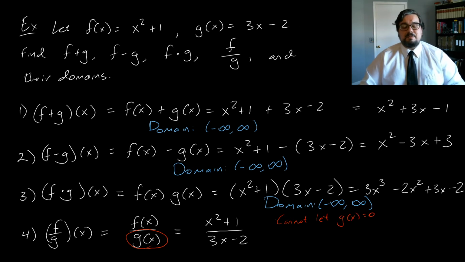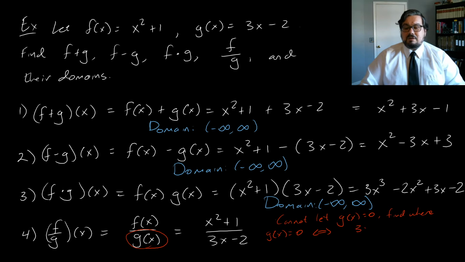If we did, then we'd have a 0 in a denominator, and that wouldn't be defined. So we find where g of x equals 0, which means where 3x minus 2 equals 0. And if we solve that for x, we find that that happens exactly when x is equal to 2/3. So that's the number that we can't plug into this function.